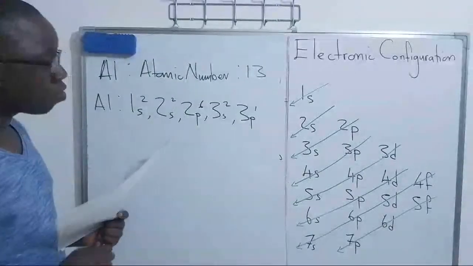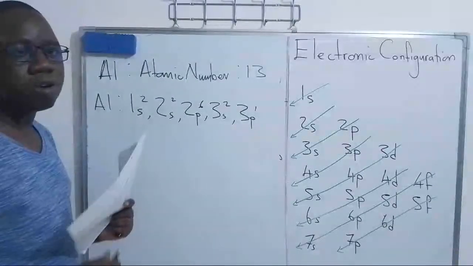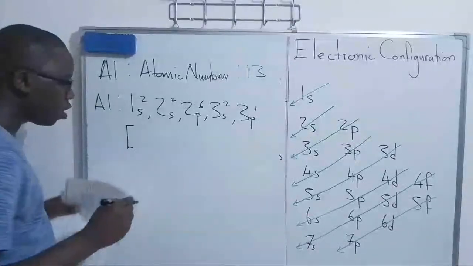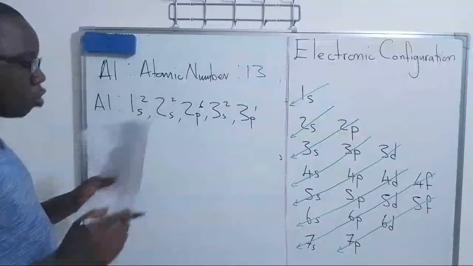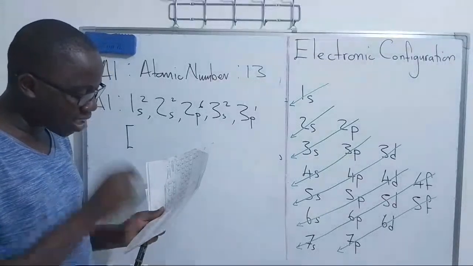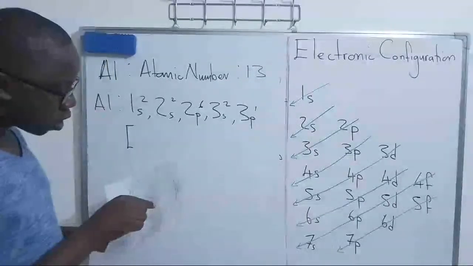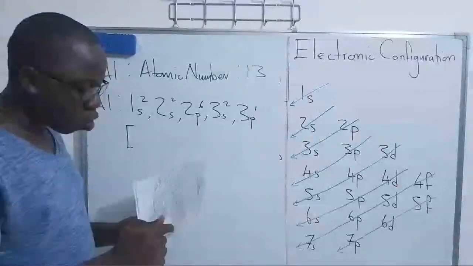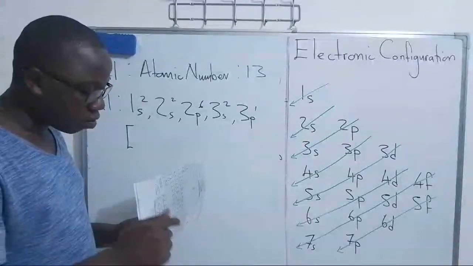Now, what is the compressed electronic configuration of aluminium? So remember the compressed one, we said you look at the noble gas that is in the period before the period of the element in question. So aluminium in this case is in period 3. So what is the noble gas in period 2?